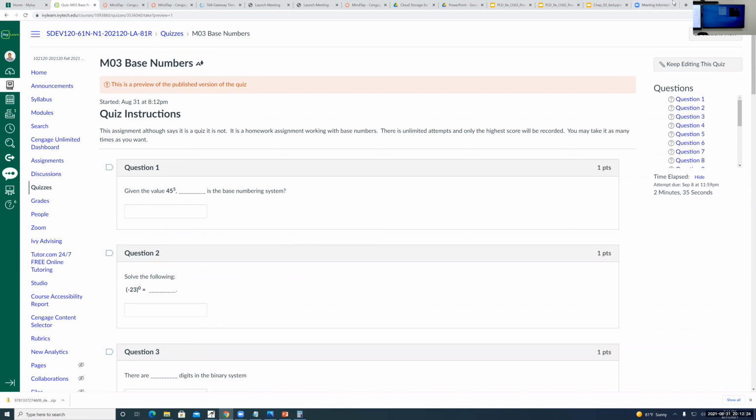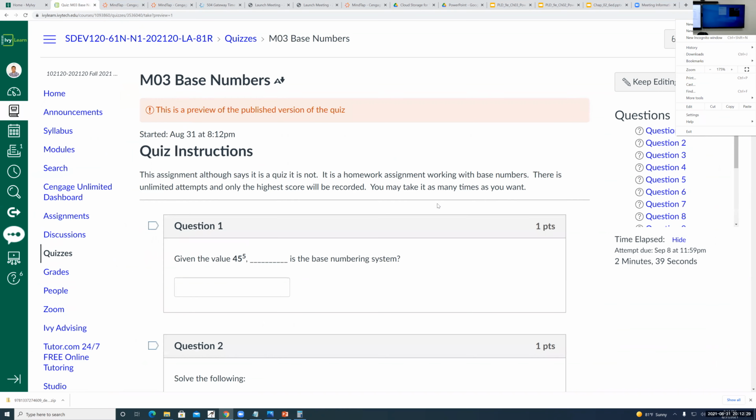Okay, now if you look at this one, what do you think? What is the base number system here? If you have the 45 raised to 5, what is the base here?